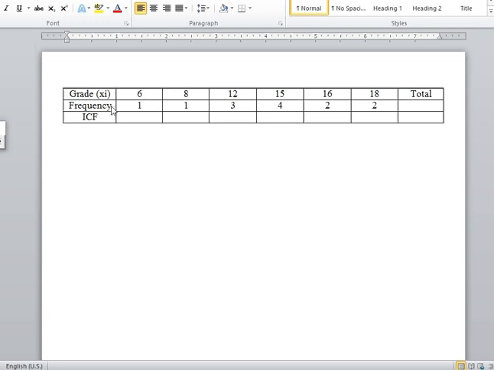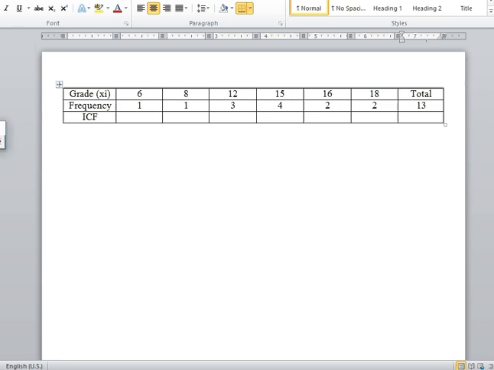The frequency, so I have one, for example, student that got 6 and one student that got 8, and so on. So these are given. Let's find the total frequency. What is the total frequency? You just add them up: 1 plus 1 plus 3 plus 4 plus 2 plus 2, and you will get 13 students.